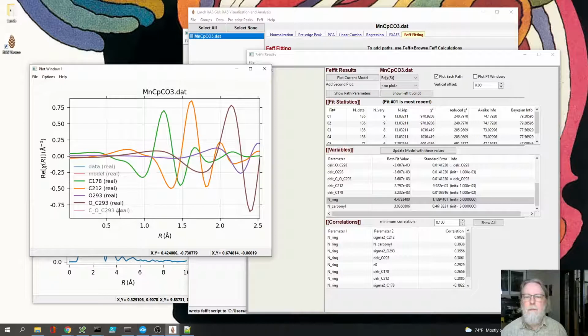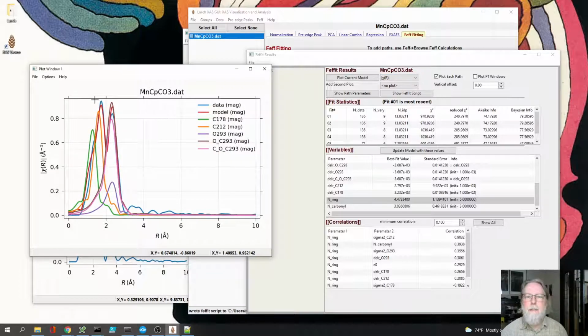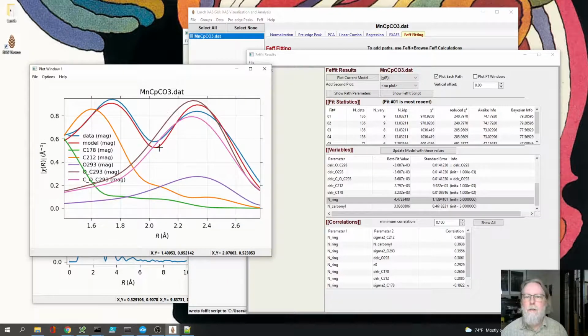And the fact that the magnitude of chi of r has this dip at 2 angstroms is completely accidental. That's just the way the phases for those happen to add up. There's not a lack of atoms or a lack of contributions there. They just add sort of destructively. It doesn't go to 0, you'll notice. It just goes down.